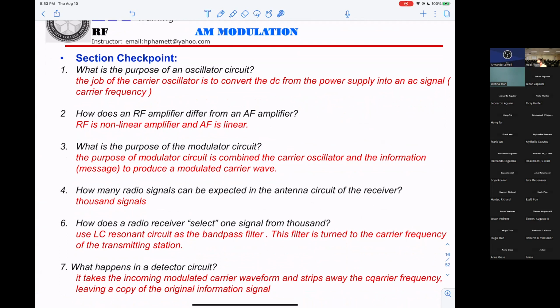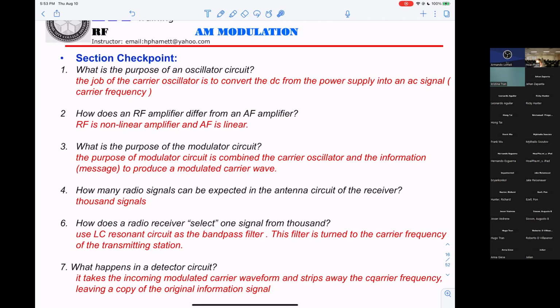Number 2, how does an RF amplifier differ from an AF amplifier? RF is a non-linear amplifier and audio, AF, is linear.